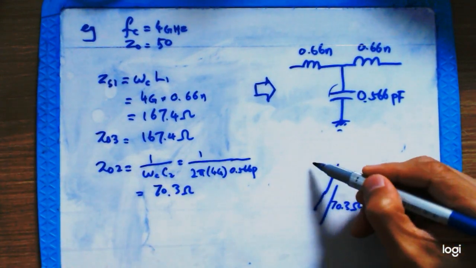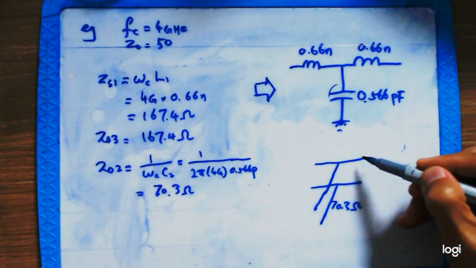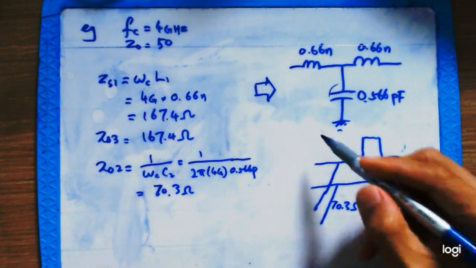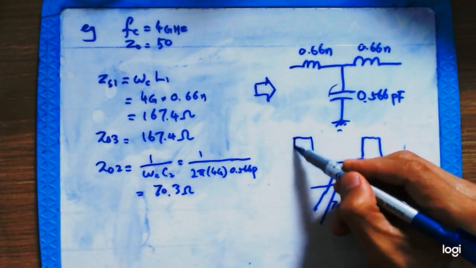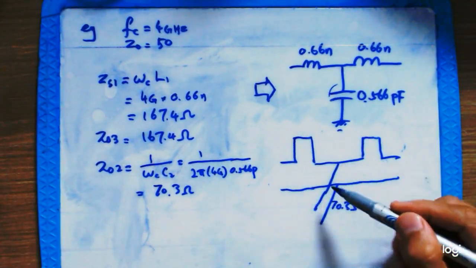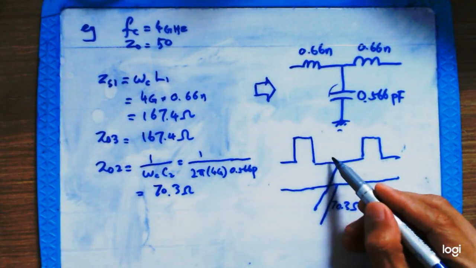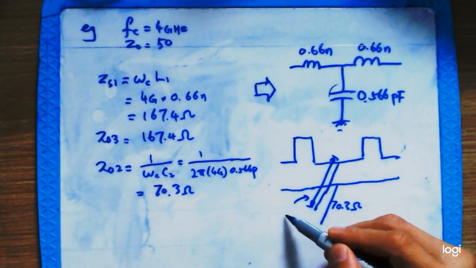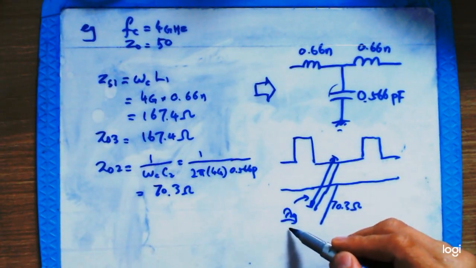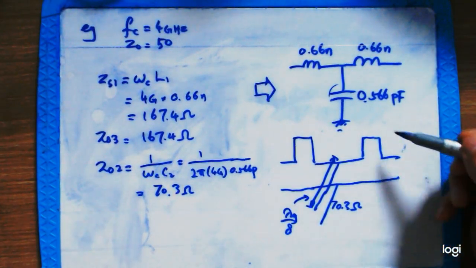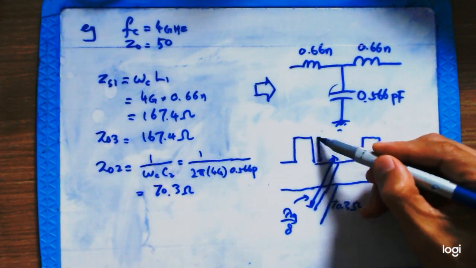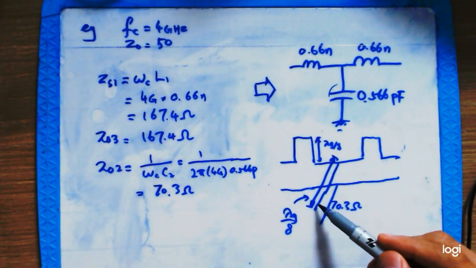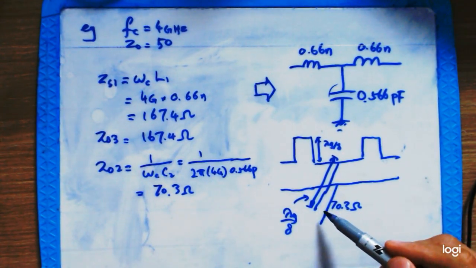And you have another one, and this will be based on a series short circuit stub. And the length here will be lambda g divided by 8, and similarly this one is also equal to lambda g divided by 8, but different from the middle open circuit stub.